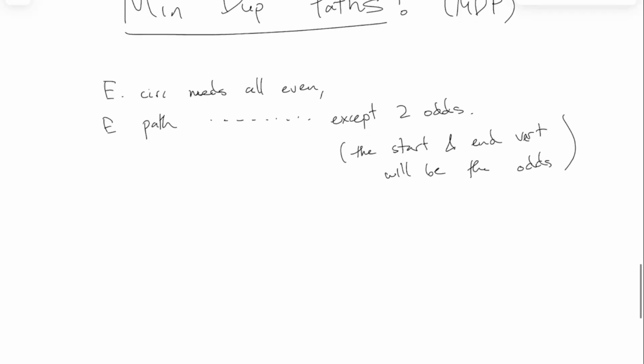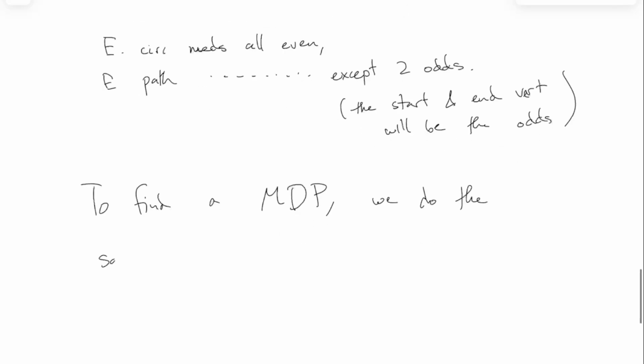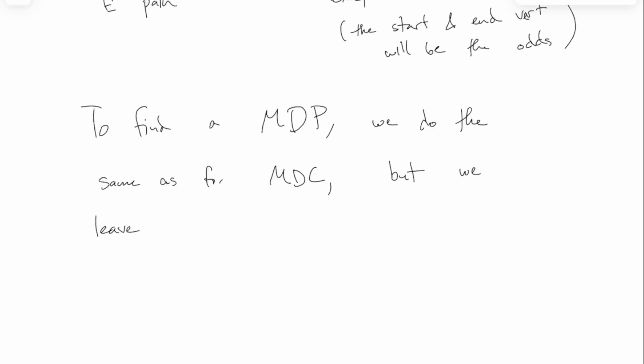So, to find a minimum duplication path, we do the same as for a minimum duplication circuit, but we leave 2 odds and make the rest even. All right. Leave 2 as odd, make the rest even.